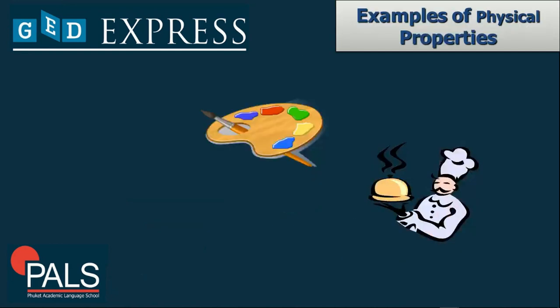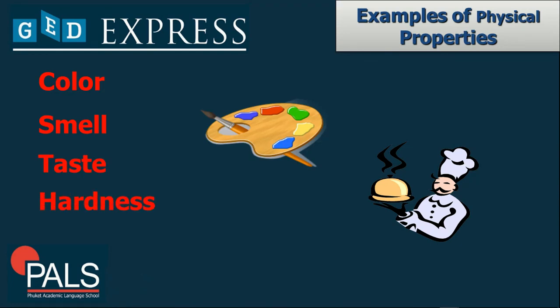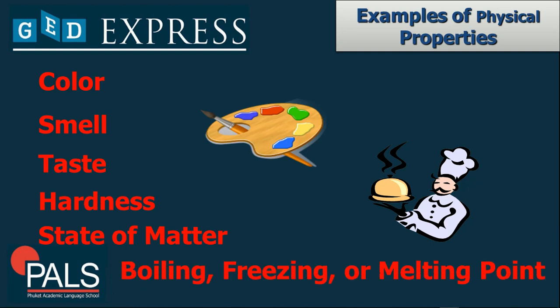So examples of physical properties are the following. It could be color, smell, taste, hardness, or state of matter, such as solid, liquid, or gas. Now, it can also include boiling, freezing, or melting point.